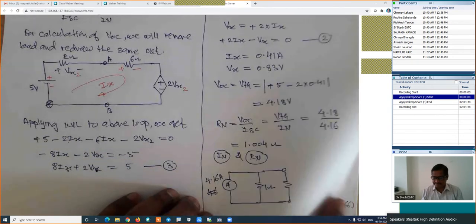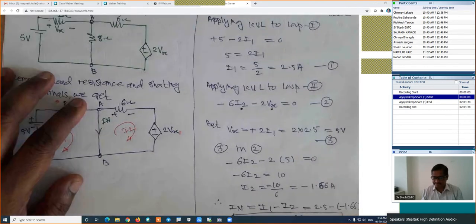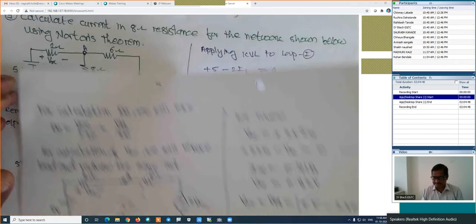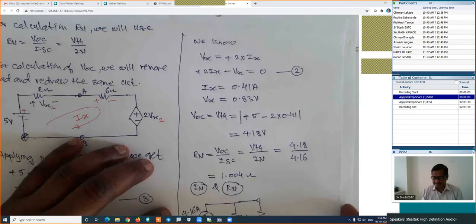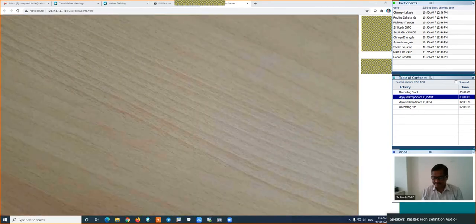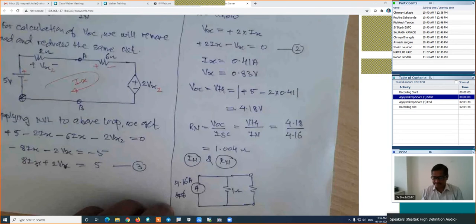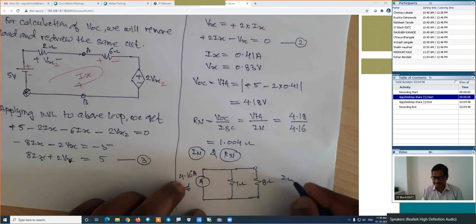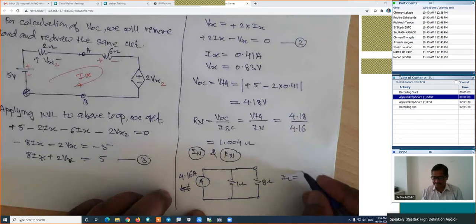How much is the load resistance RL? We are interested in the calculation of current in this branch, the 8 ohm resistance. In this case, the load resistance is 8 ohm. Therefore, IL is equal to 4.16, that is IN into RN divided by 1 plus 8.